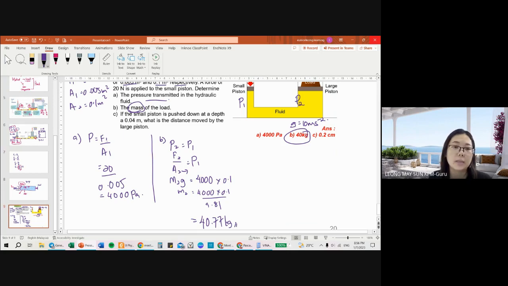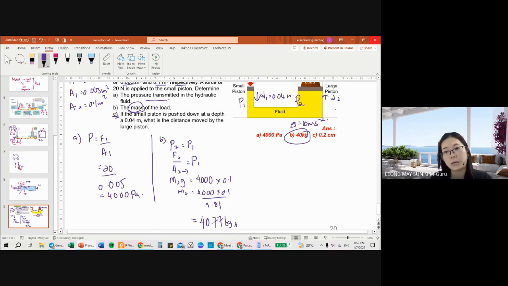Okay, next the question asks, if a small piston is pushed down at a depth of 0.04 meter, what is the distance moved by the piston? So you have to understand that this second part of the question is actually using the second formula for Pascal principle. Why? Because it mentioned that it's being pushed down D1 of 0.04 meter. All right, and they ask how much is it being pushed up.